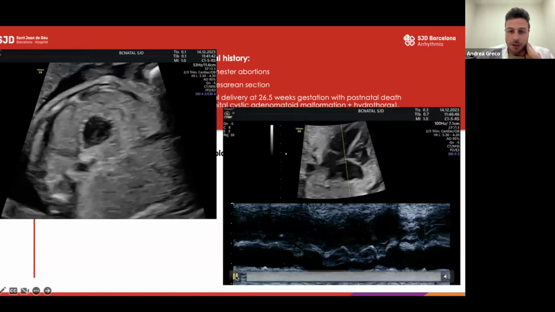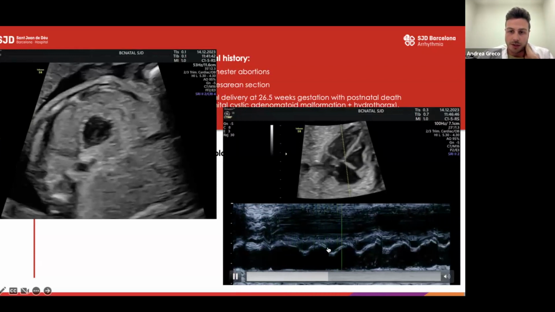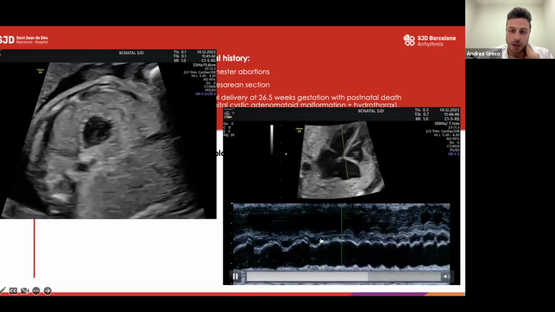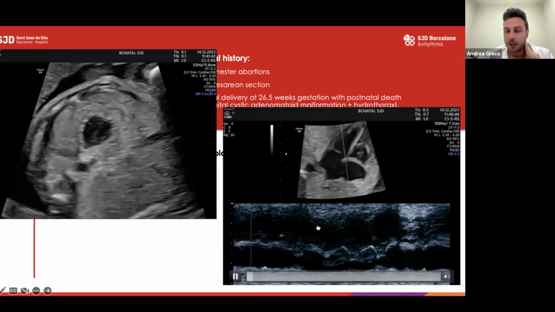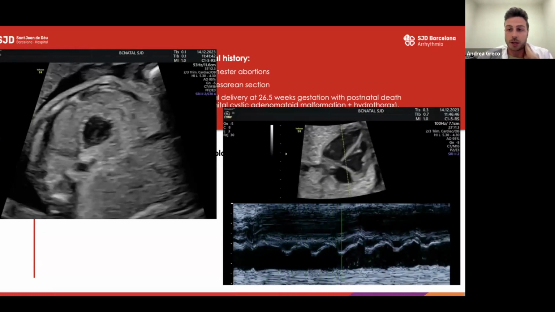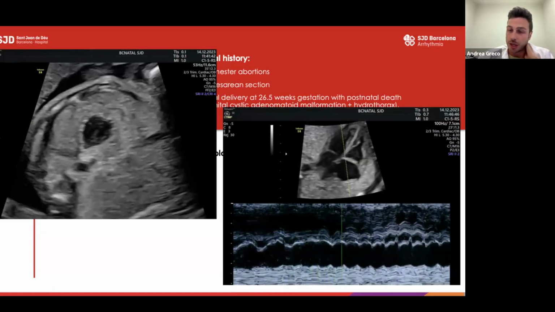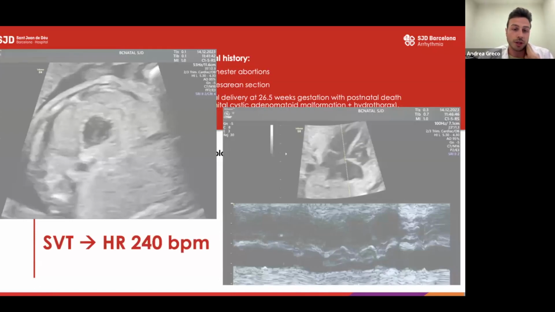And here in M mode, we can see the sinus rhythm, and when we start the tachycardia, this is the M mode of a tachycardia. And these images are characteristic of an SVT with a 1-to-1 AV conduction, in this case with a heart rate of 240 beats per minute.